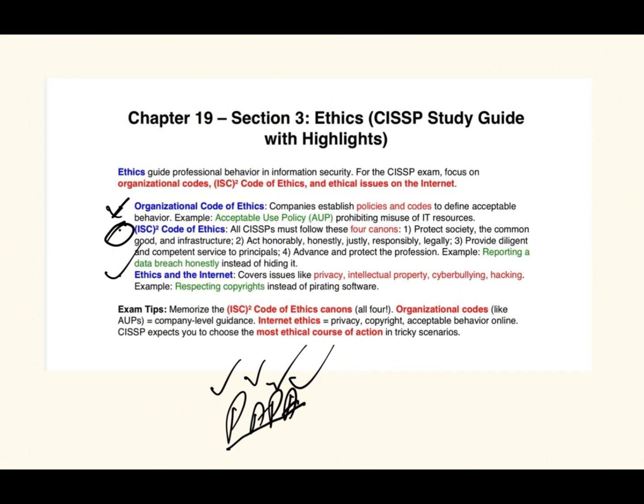Hacking and illegal access is unethical, even for testing without permission. So, respect software copyrights instead of downloading cracked software, and report discovered vulnerabilities instead of exploiting them. So, I think these are important.